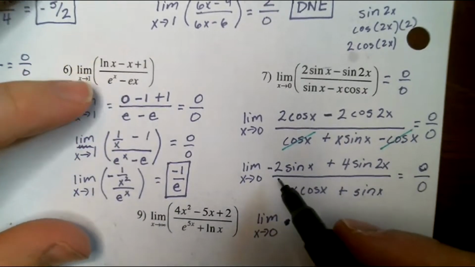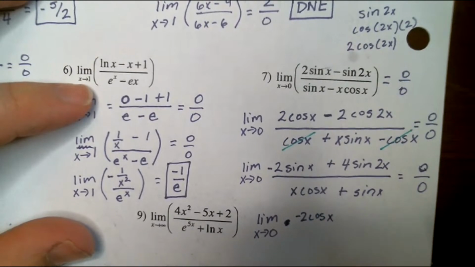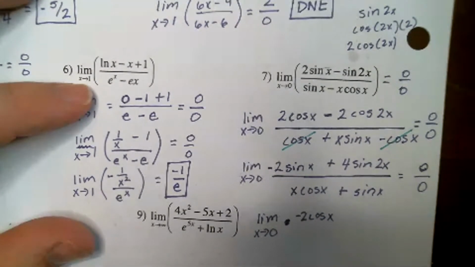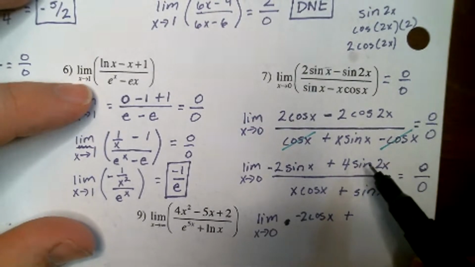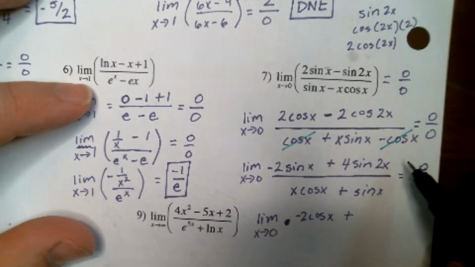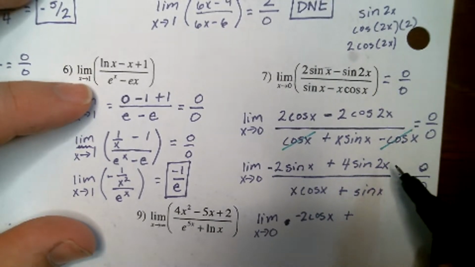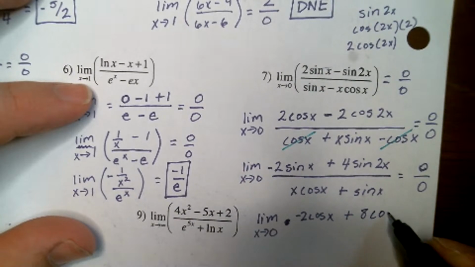So the derivative of negative 2 sine x is negative 2 cosine x, plus, if you just take that 4 to the side, then sine of 2x should take you to 8 cosine of 2x.